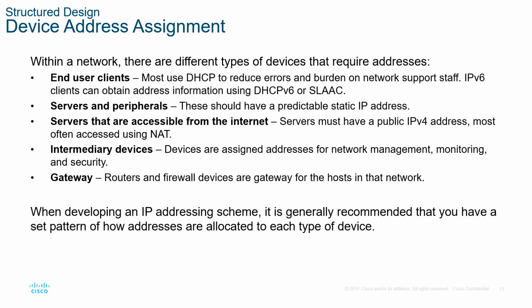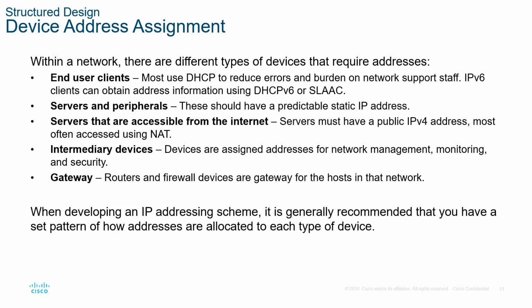So we also have to look at how we are going to be doing our addressing. That's typically going to be done through DHCP, but we can do end user clients using DHCP. We can have servers and peripherals. Maybe these are static addresses. Maybe these are DHCP with reservations, so they always get the same address.